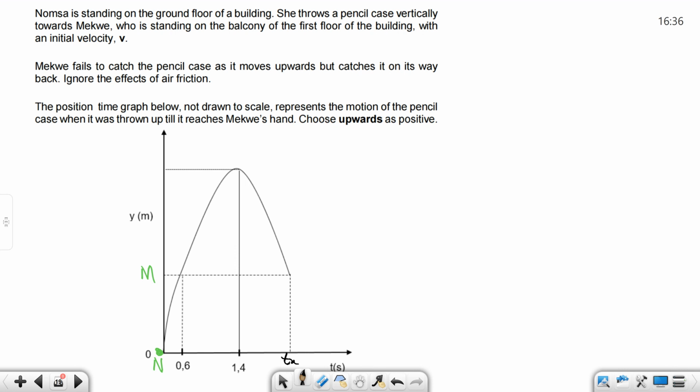So if you look at this, what is the time frame here? It means this one also should be what? 0,8. So our time here is what? And that is 2,2 what? Seconds. Please, I hope we are all okay with that.